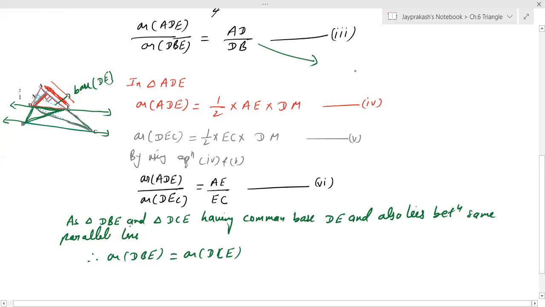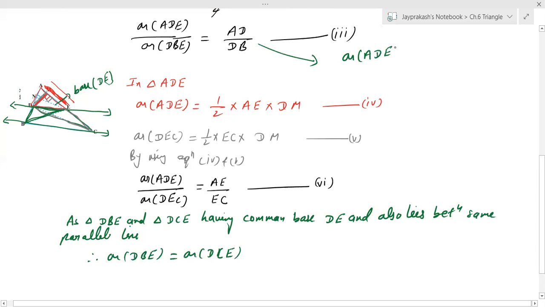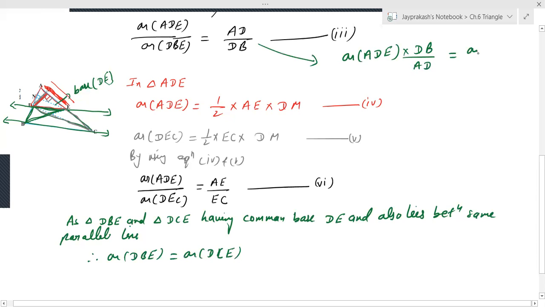So from equation 3, we can write here area of ADE into DB upon AD is equal to area of DBE.